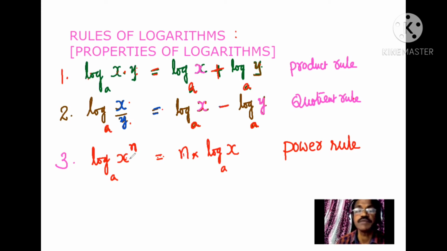Once again I repeat, the logarithm of a number raised to an exponent is equal to the product of the exponent and the logarithm of the number. This is called the third rule. This is also called power rule.